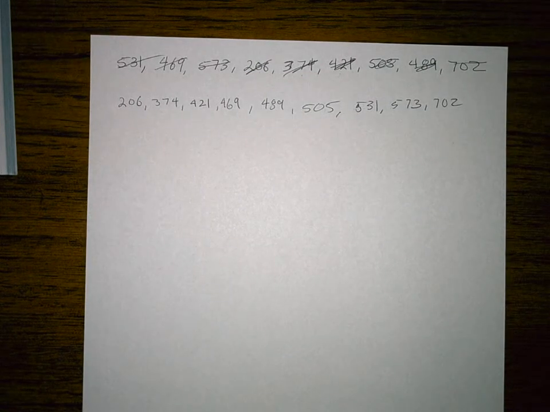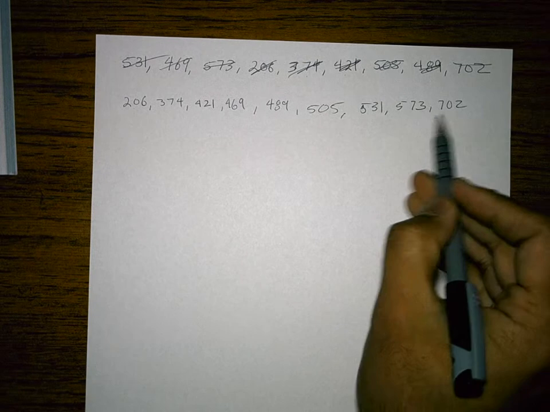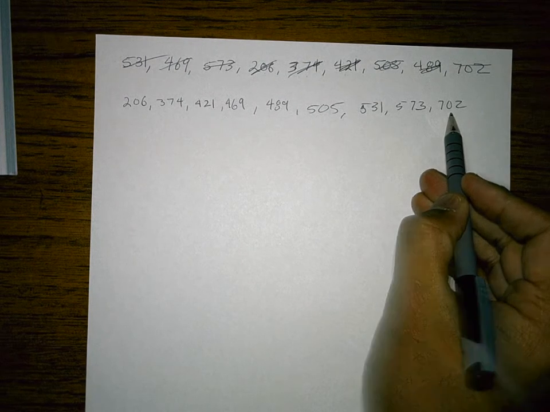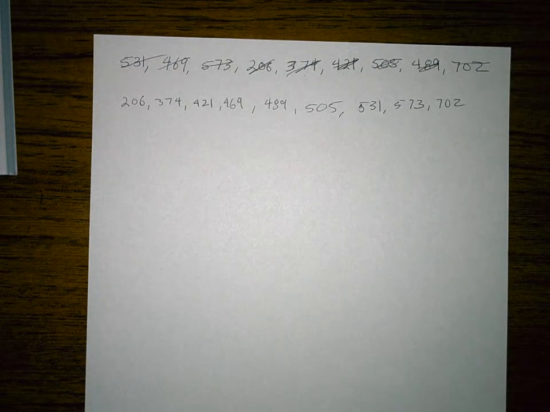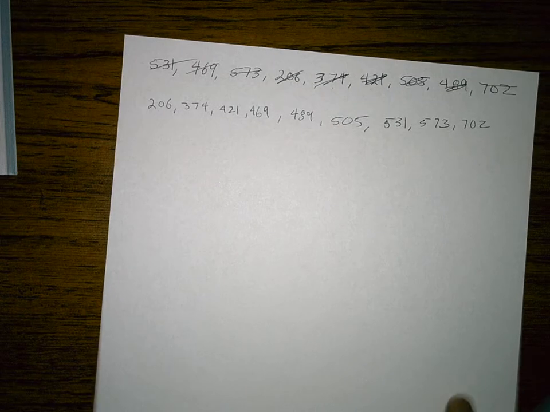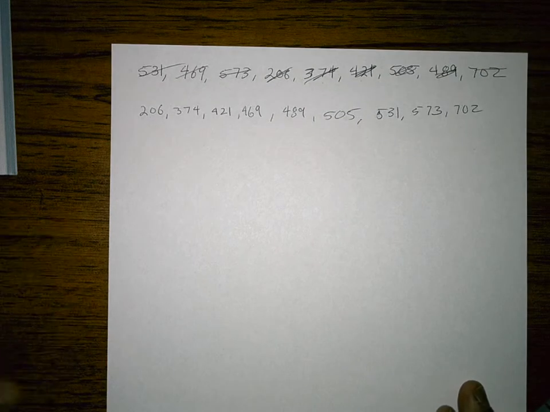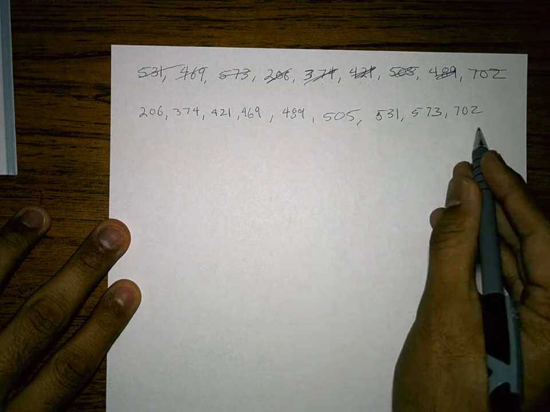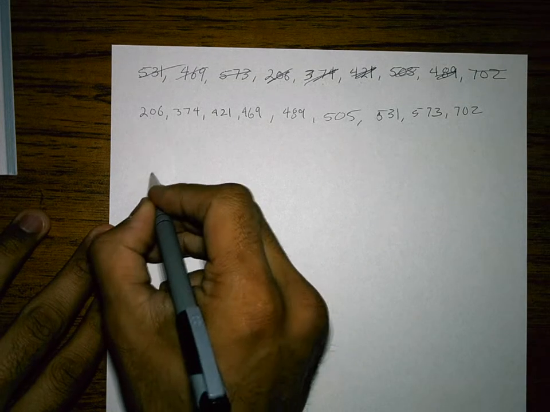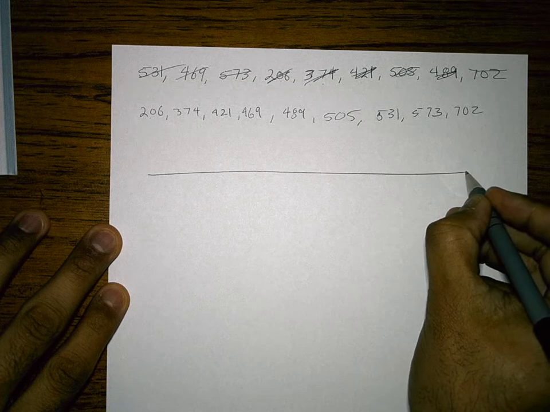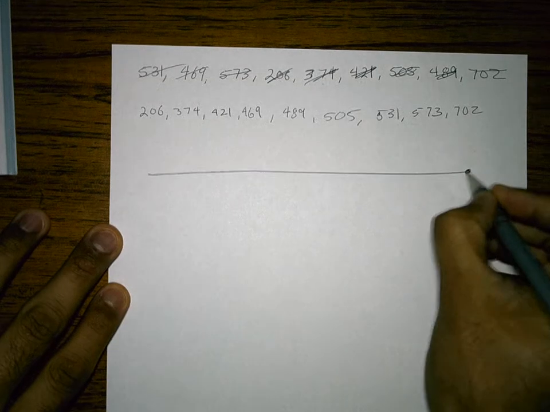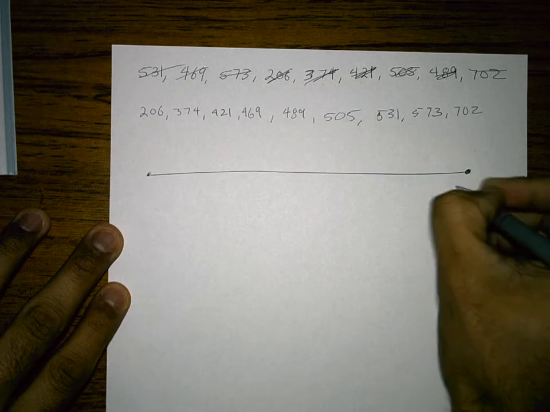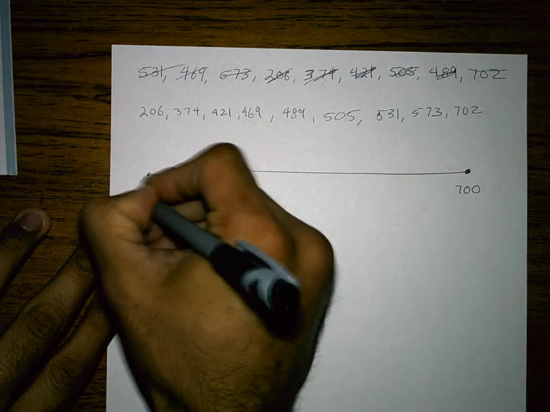Now I need to create a number line, and it needs to fit at least the smallest one to the biggest one. I don't need to have every number between 206 and 702, but this is probably going to want to be between about 200 and 700, and I'll just do hundreds because these are pretty spread out. So if I create my box here, I'm going to do 700 and 200.